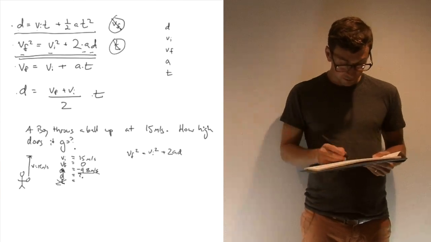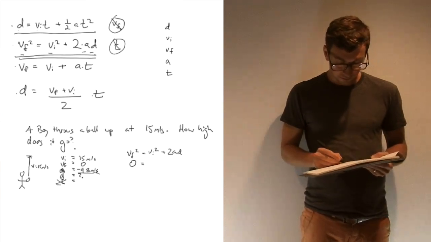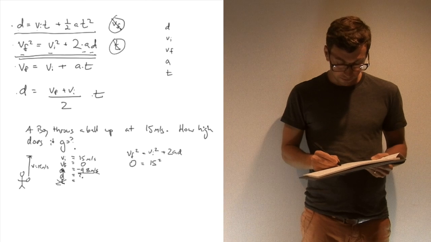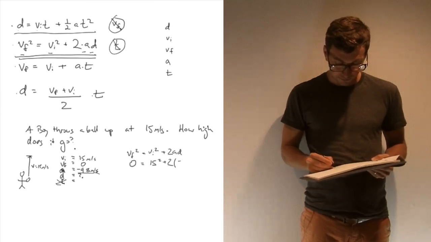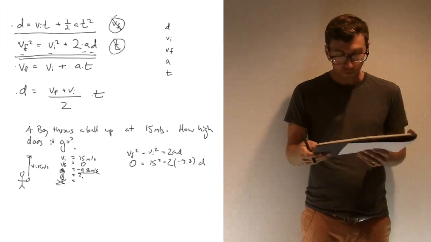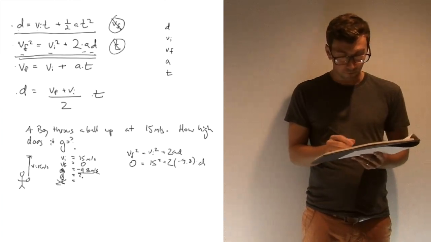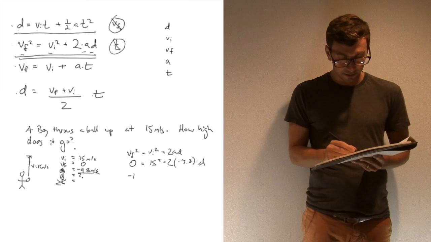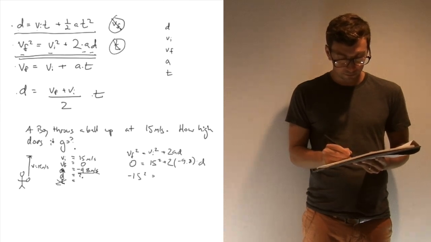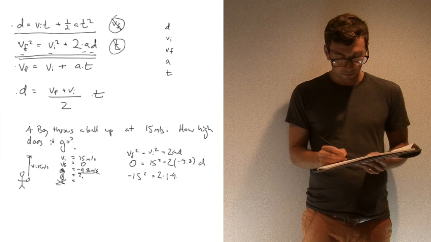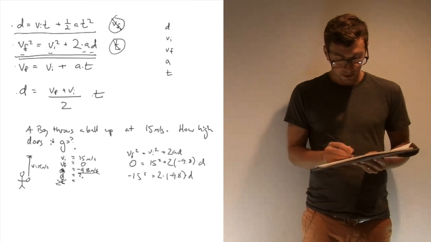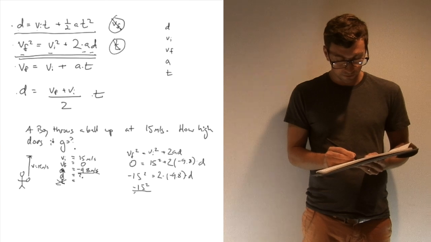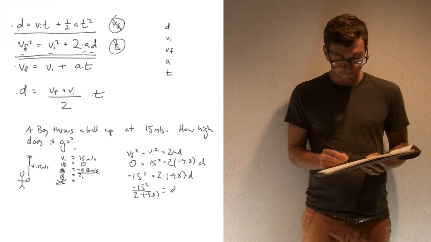So we plug our numbers in. Vf is 0, Vi is 15, and we just square that. Plus 2 times negative 9.8 times d. And so we move 15 over, so we get negative 15 squared equals 2 times negative 9.8 times d, and negative 15 squared over 2 times negative 9.8 equals d.